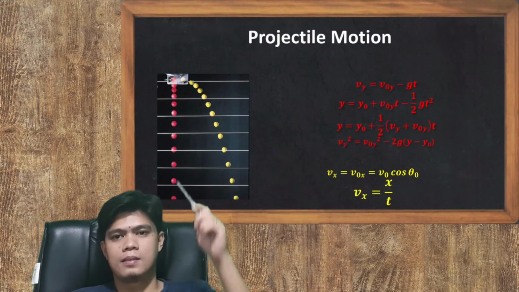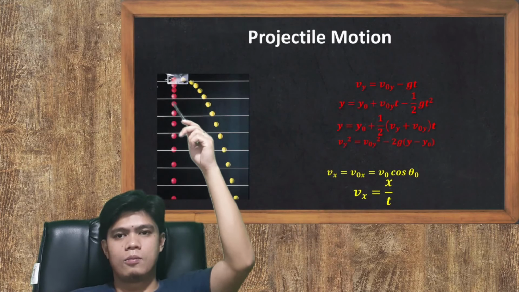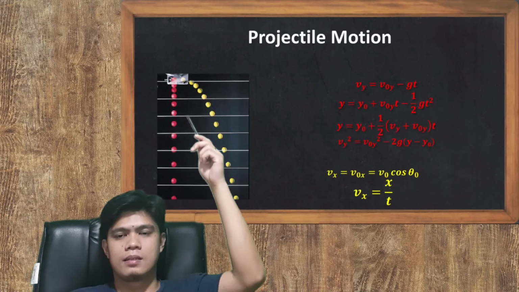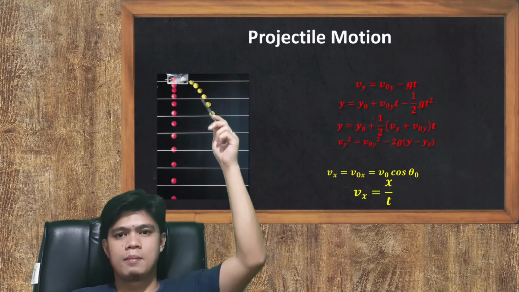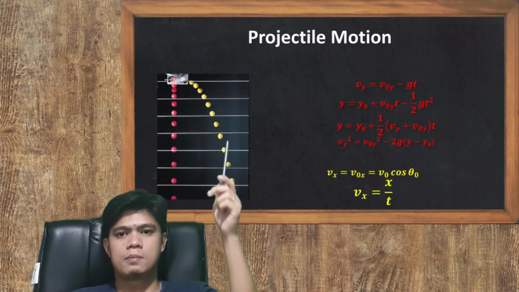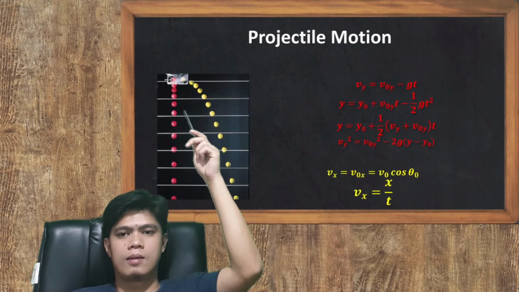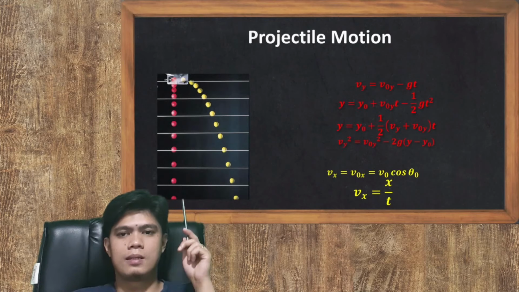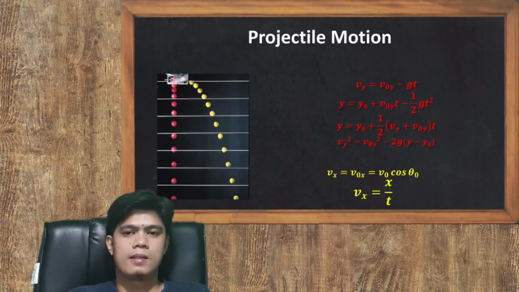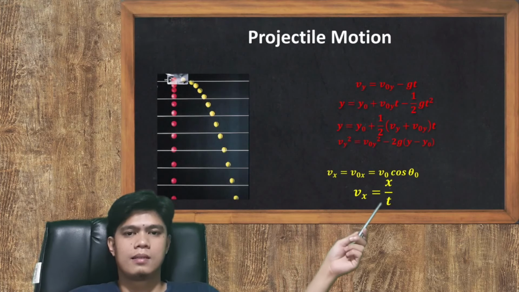As you can see, the y component in this free fall is the same as the y component of this projectile, and the y component is independent of the x component. The only variable common to the x and y component is the time.